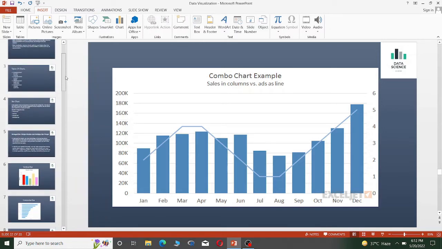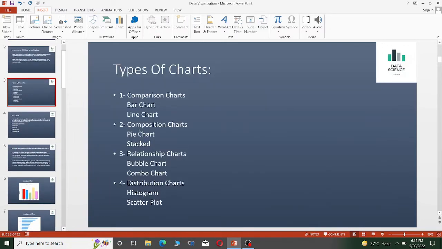So guys, these were the relationship charts. With the help of these charts, we were gaining insights on the basis of relationships. And let us move to distribution charts, which are among the most important charts in the data science field.